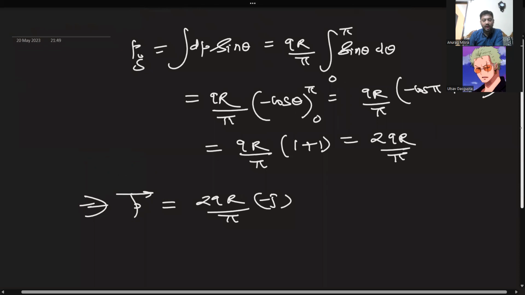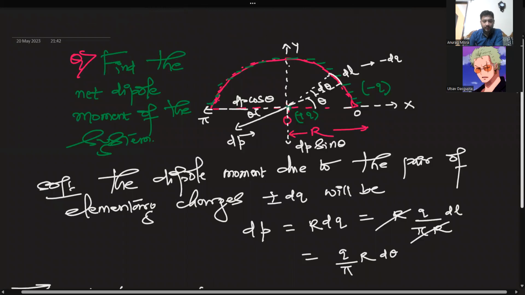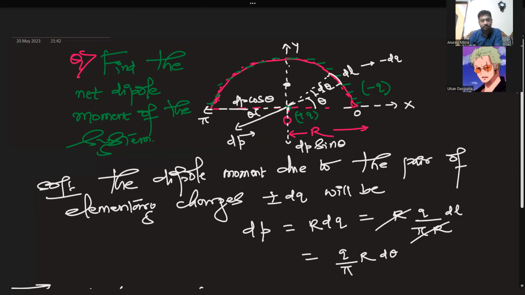What is 2qr by pi basically? If you see this very carefully, what location does 2qr by pi mean? The negative q was all over the semicircle, and we are finding that 2qr by pi is acting along the y-axis. So it will seem as if the positive charge is at the center and the entire negative charge is located somewhere here.